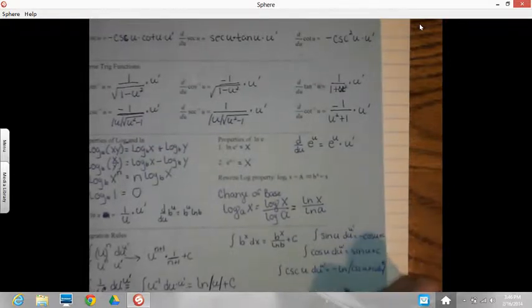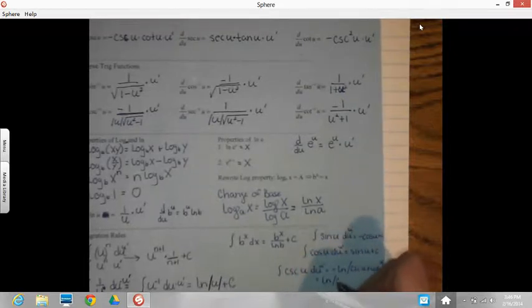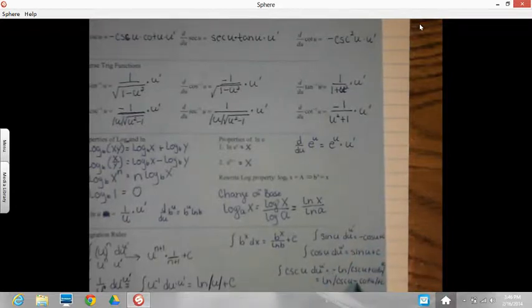And it has a second version. Could be the natural log of the absolute value of cosecant u minus cotangent u plus c. So the negative out in front of the log or a subtraction in between, one or the other.